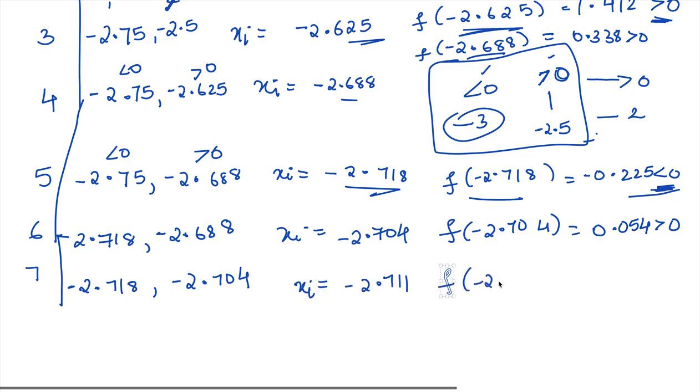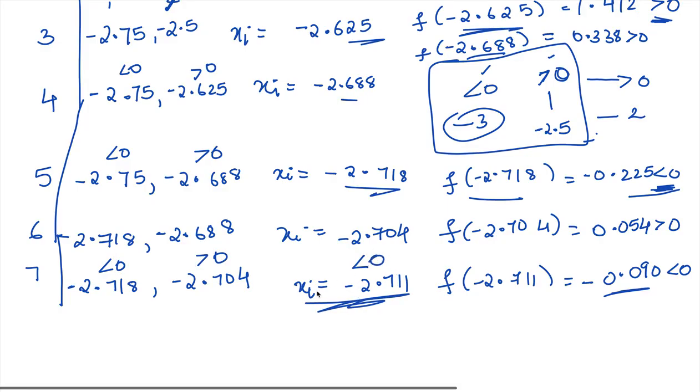Now f of minus 2.711 is equal to minus 0.090, which is less than 0. So we will take the greater than 0 one from our previous interval, minus 2.704.